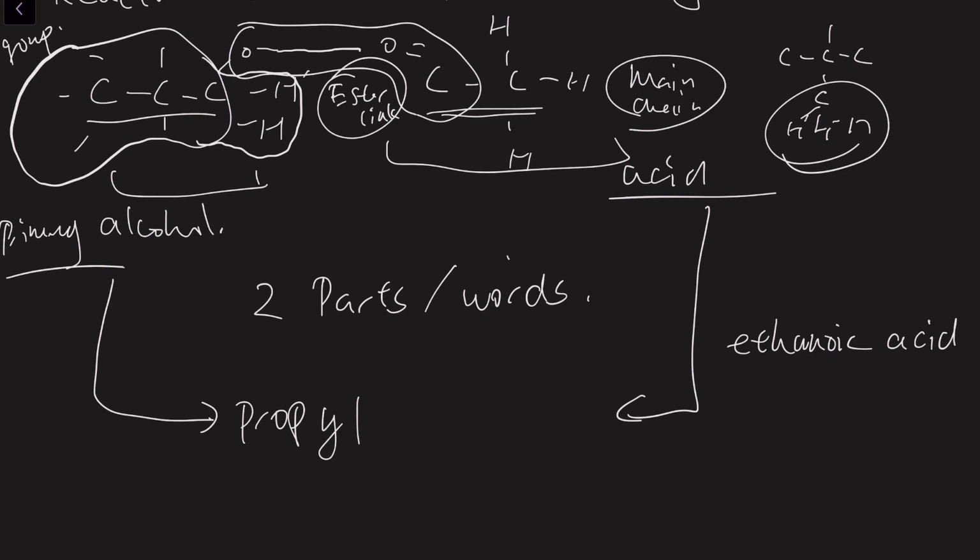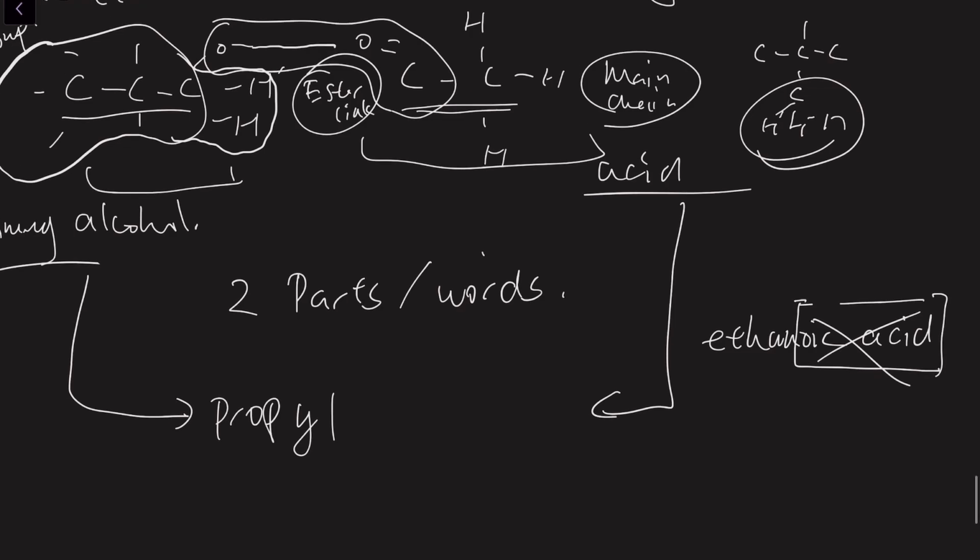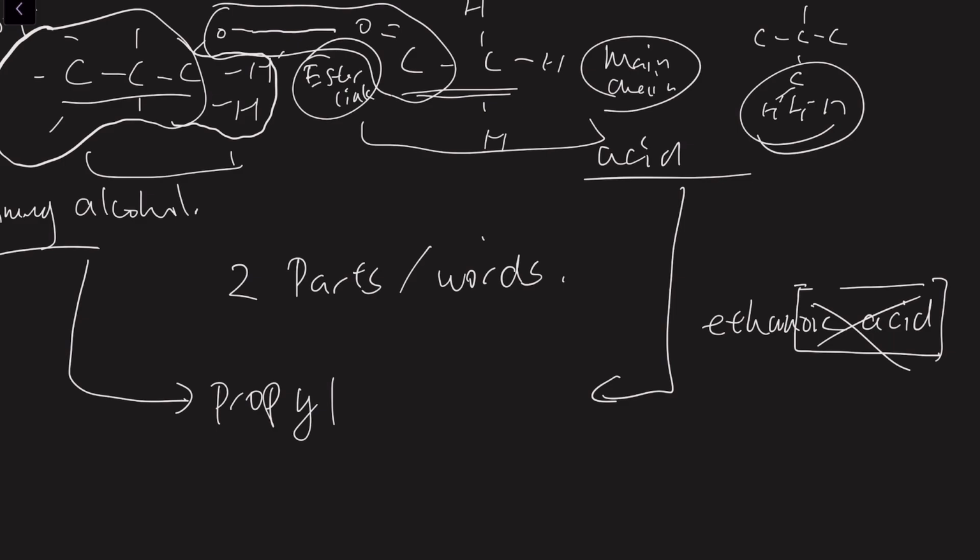So we drop the OIC acid part because this belongs to the carboxylic acid, and now we no longer have a carboxylic acid. We replace the OIC acid with OATE. So it is called ethanoate.